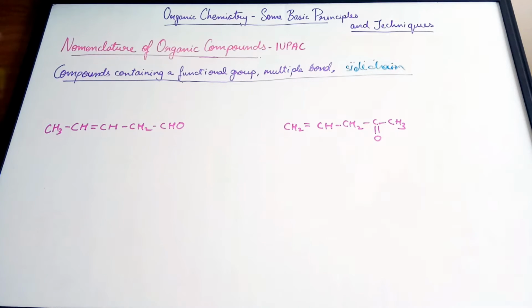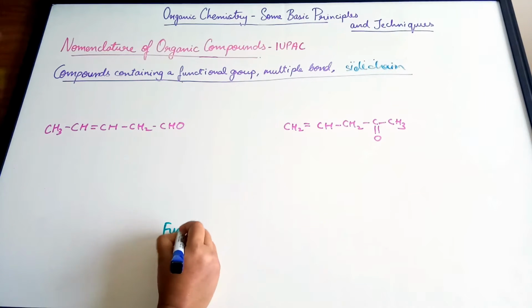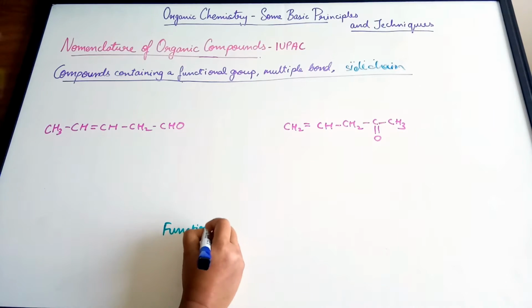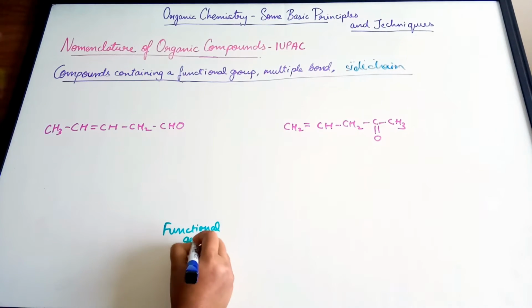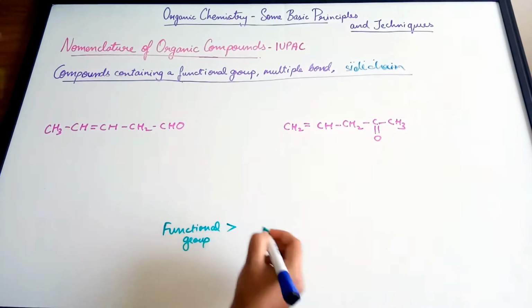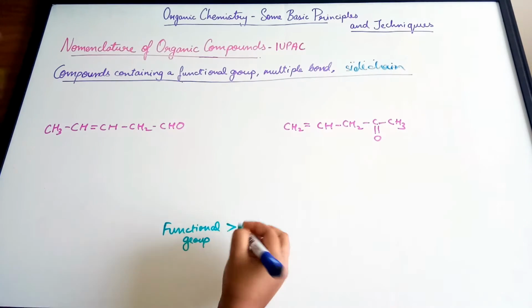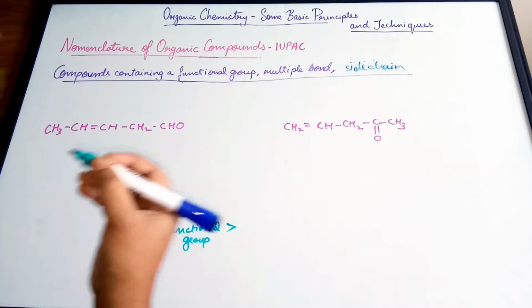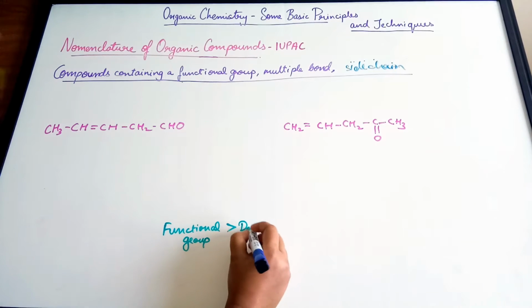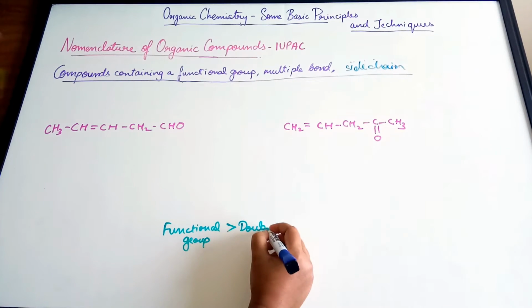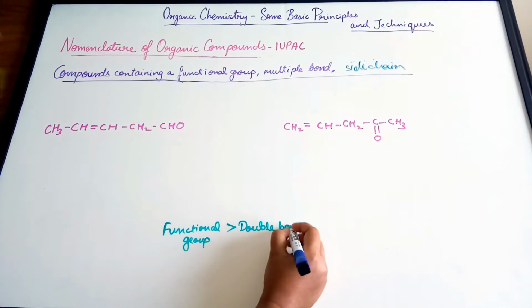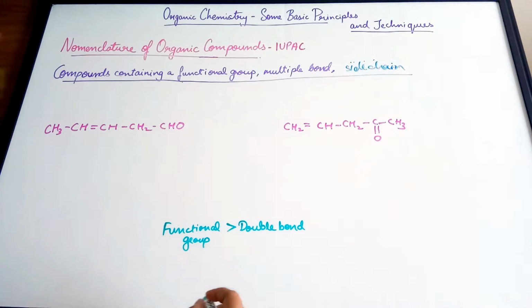chain? First of all, the order of priority: the functional group has more priority, obviously. The second is going to be a double bond, because if you remember, when we talked about double and triple bonds, a double bond gets the lesser number than a triple bond.